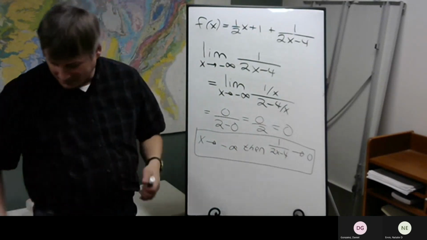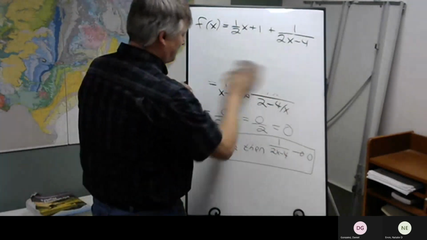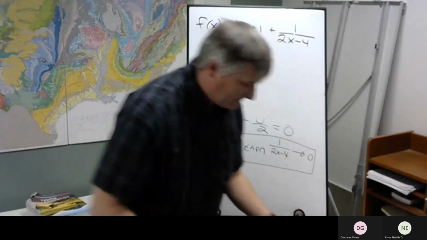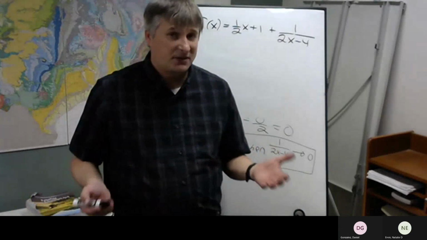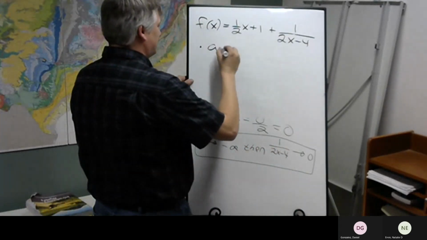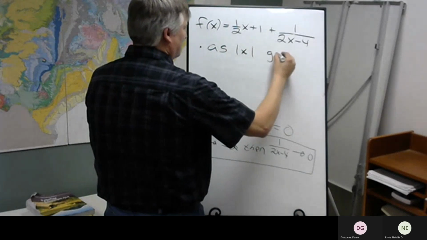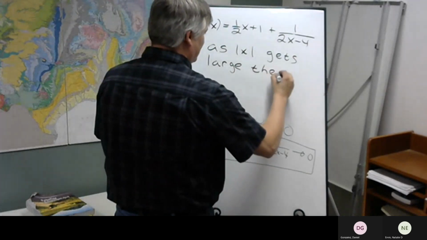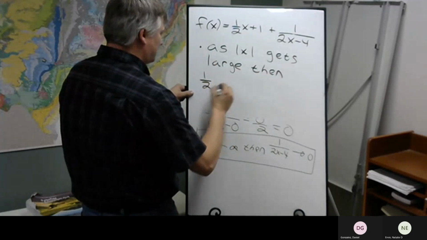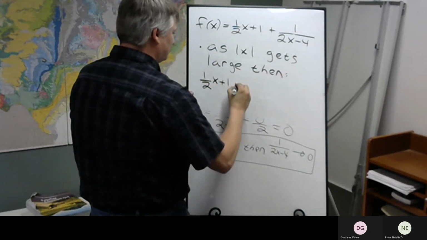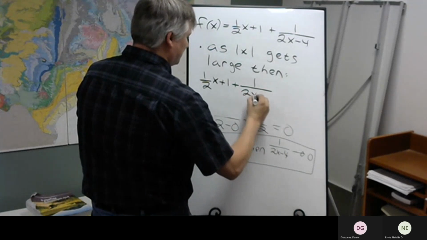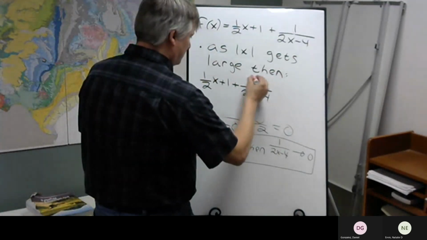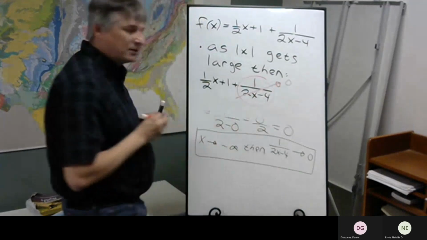So what does this actually say? Well, if we take the absolute value of x, as the absolute value of x gets large, then what's going to happen is that in 1/2 x plus 1 plus 1 over 2x minus 4, this last term is going to go to 0.